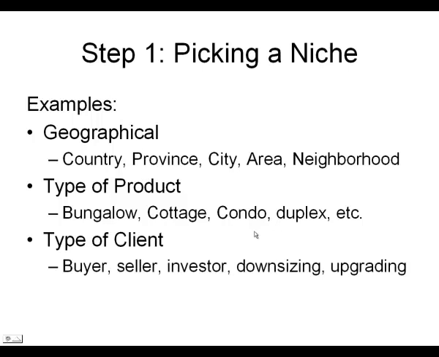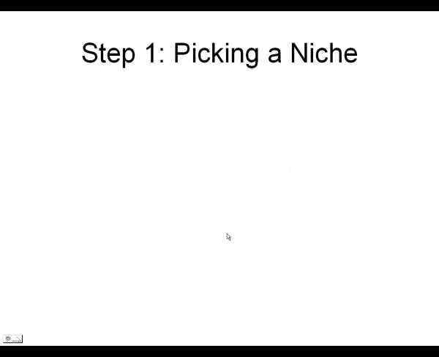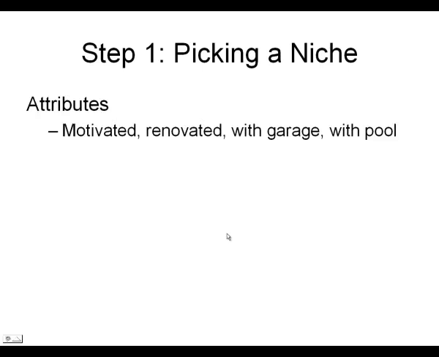You have the type of clients: buyers, sellers, investors, people who are downsizing, people who are upgrading, deal seekers, that kind of stuff. You have attributes, so the motivated sellers, renovated properties, properties with garages, properties with pools, properties that are waterfront, the list goes on.